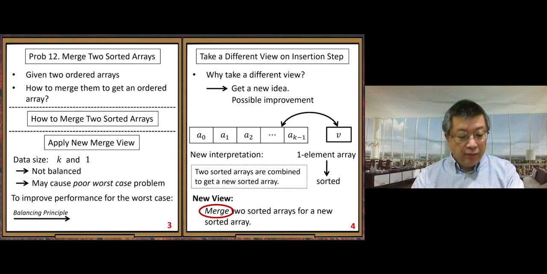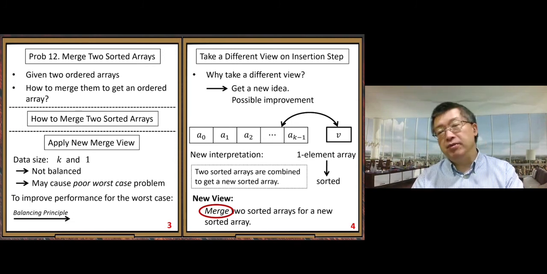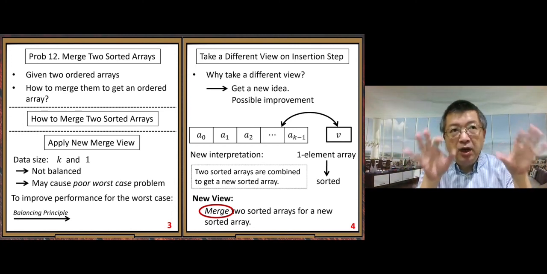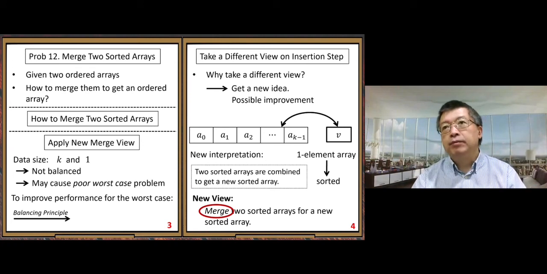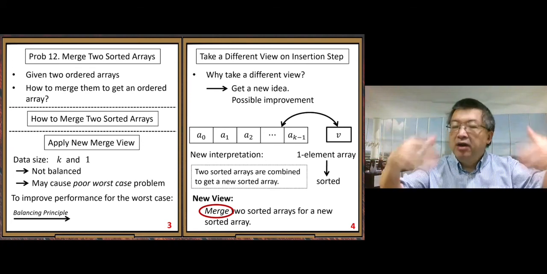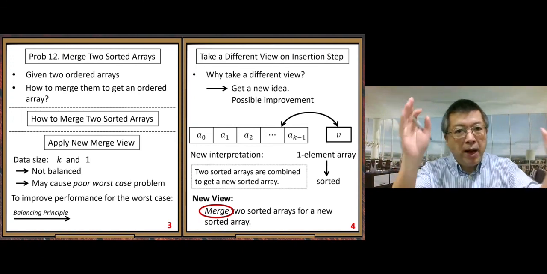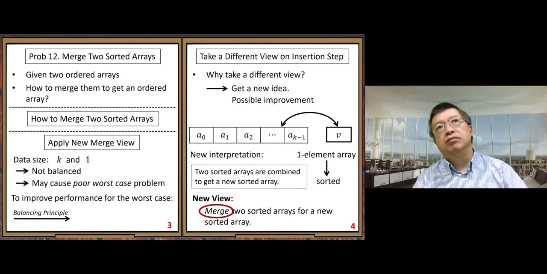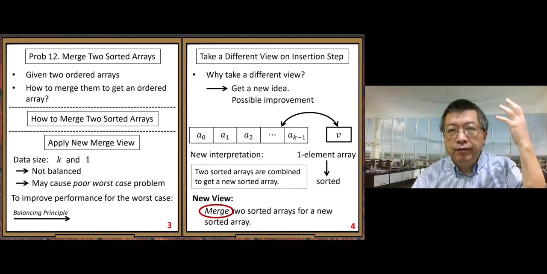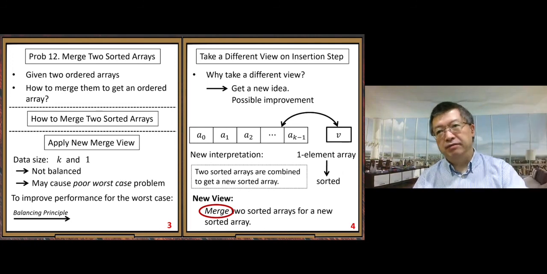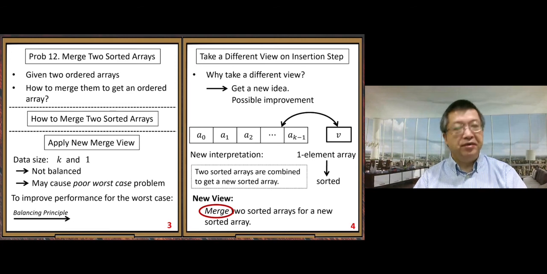Here we call it the balancing principle. When we have options to distribute and arrange our data, we make the most balanced distribution, the most balanced arrangement. In that case, we can avoid the poor worst case. That's the key idea of this new method.